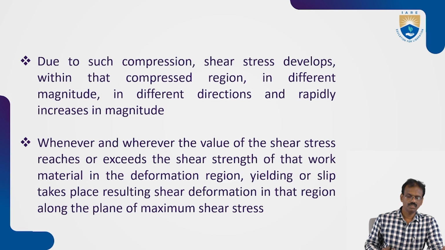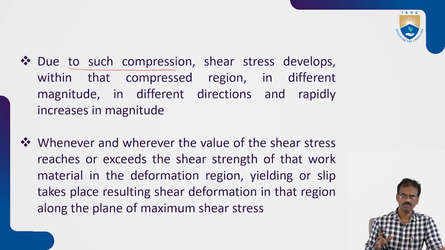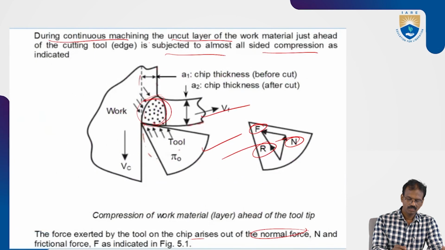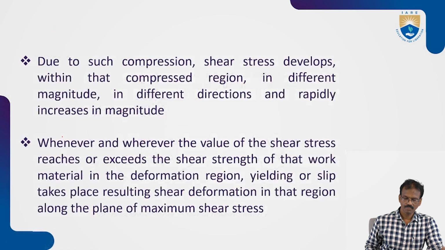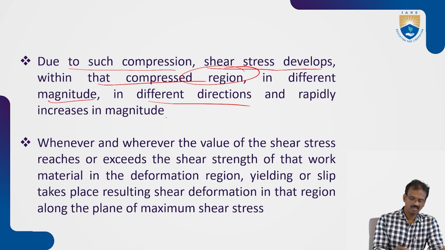So we'll see what is going on here due to such compression when the tool bit is moving in front, against the workpiece. The shear stress will develop within the compressed region. So in this region, shear stress will be increased, in different directions also, and rapidly increases in magnitude.